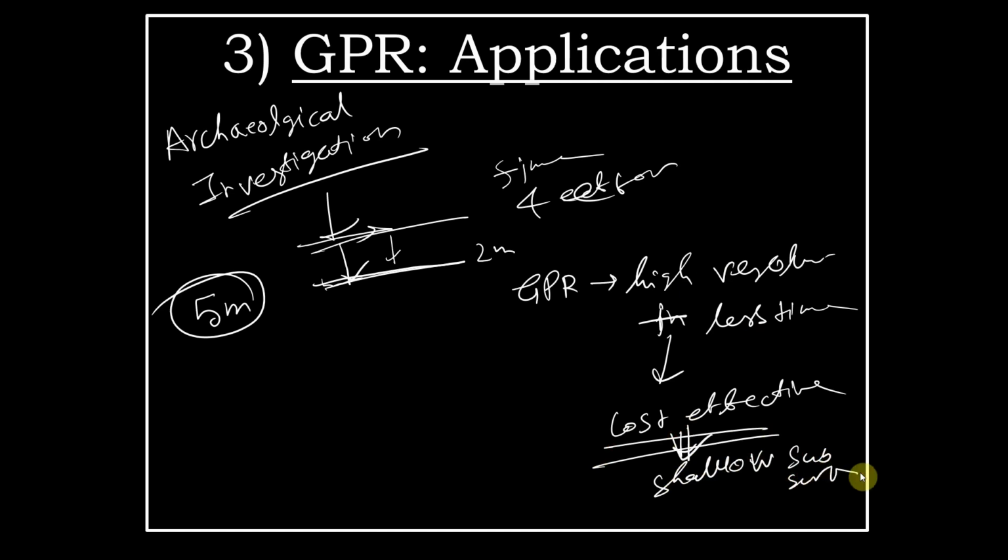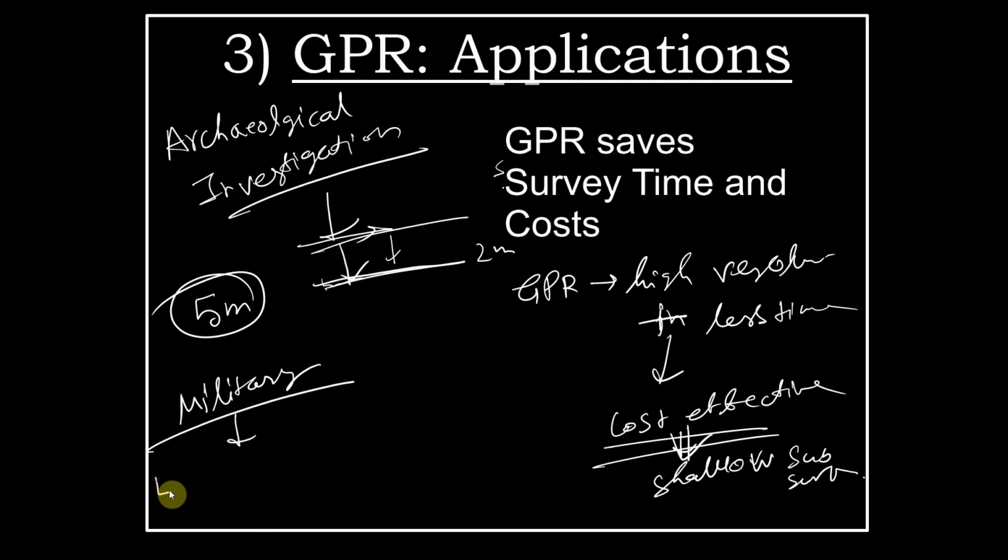Okay, then there are other applications also, like the military applications. They generally use GPR. Sometimes you have seen the metal detectors, and people are so clever that they put landmines in such a casing that you cannot identify them with the metal detector. Then you will go for landmine detection, which can be done using the GPR also.